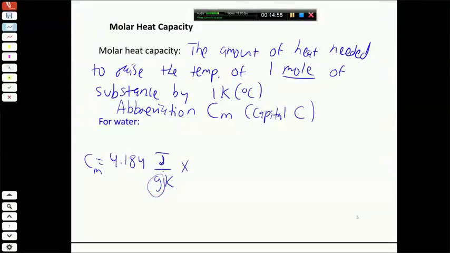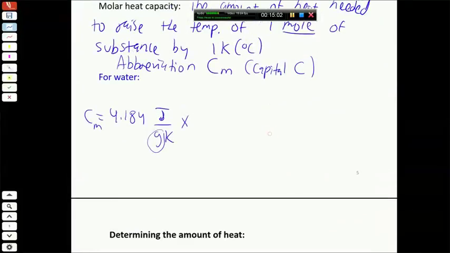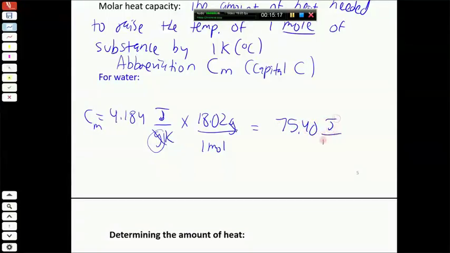We know how to convert grams into moles by now, so that's going to be just the molar mass of water, which is 18. And that gives us then a molar heat capacity of 75.40 joules per mole Kelvin.